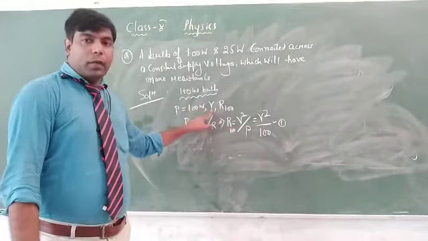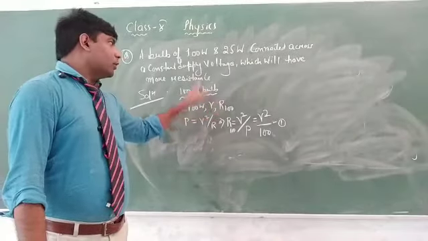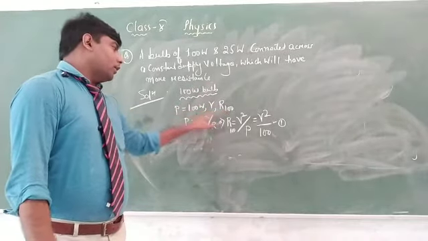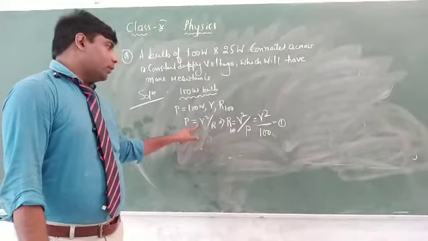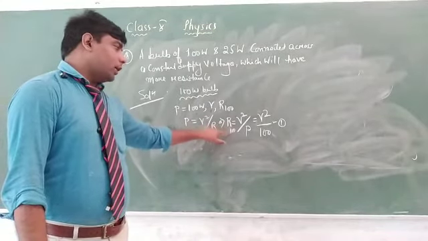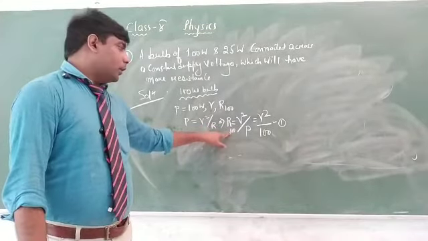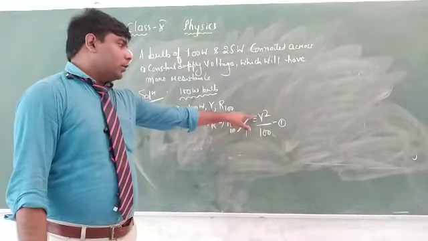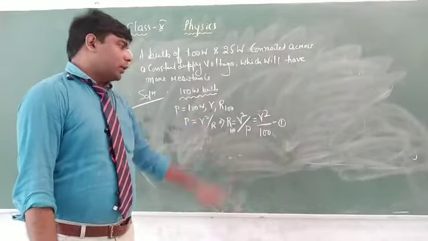Let us say supply voltage is V and resistance of the 100 watt bulb is R100. So using the formula P equal to V square by R, resistance of the 100 watt bulb is equal to V square by 100.